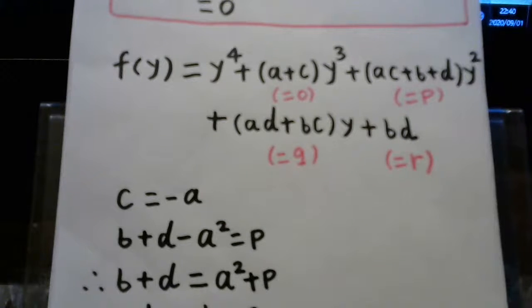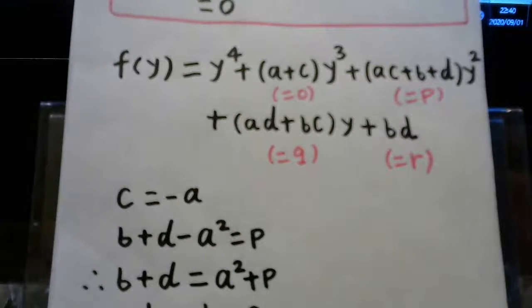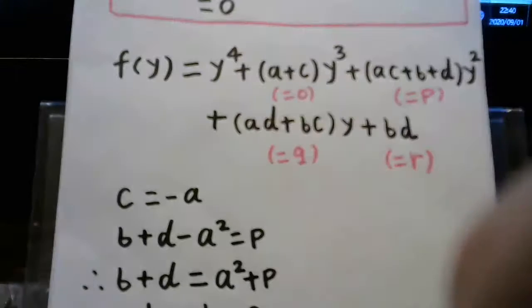Let's make a square. Then we have this: a squared times (b minus d) squared is equal to q squared.